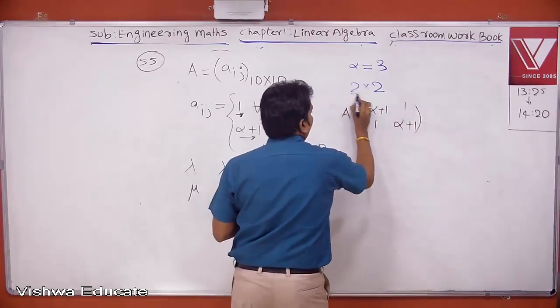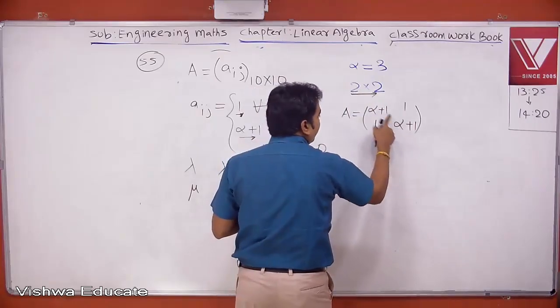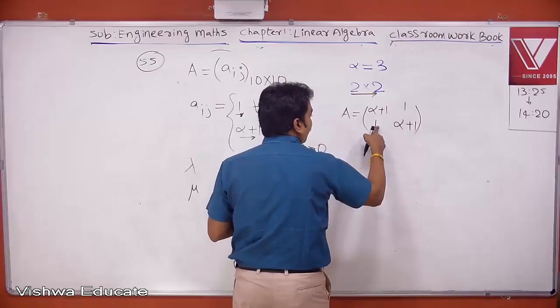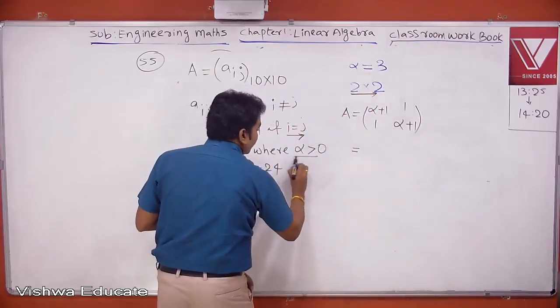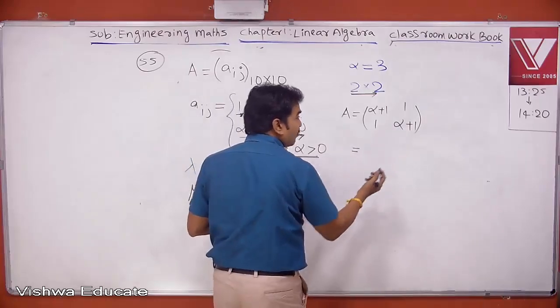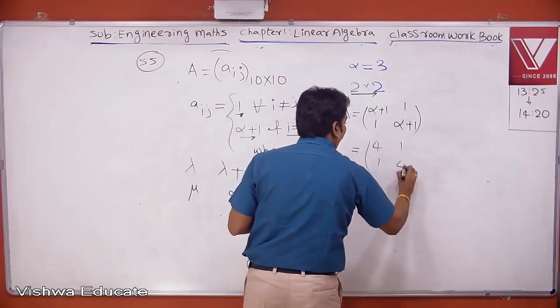So here I am reducing this problem to 2 by 2 size. My diagonal elements are alpha plus 1, rest of the elements are 1. So here assume that alpha equal to 3 because alpha is any number greater than 0. You can take any number. So alpha value I am starting with 3. So this is 4, 1, 1, 4.